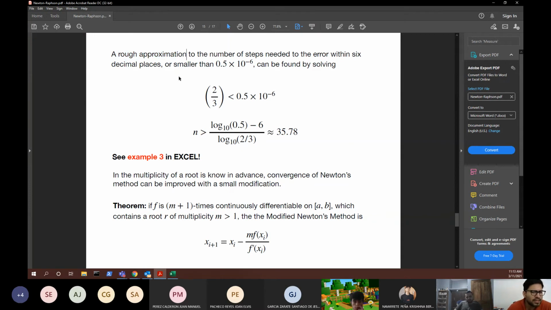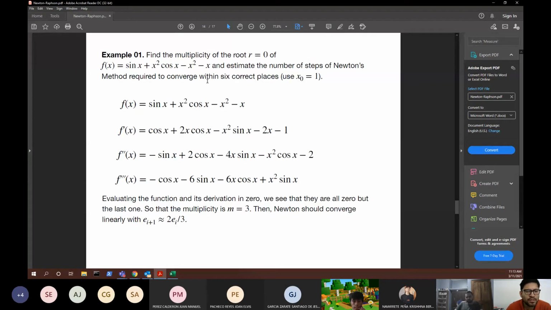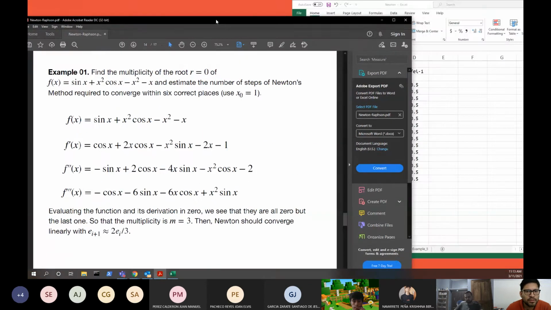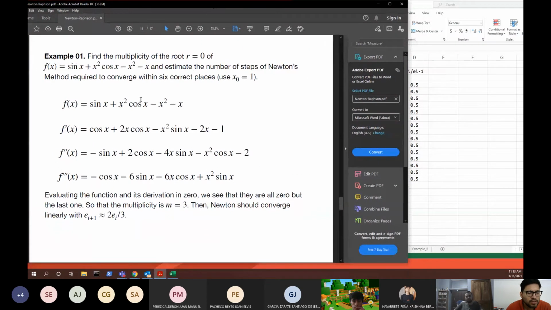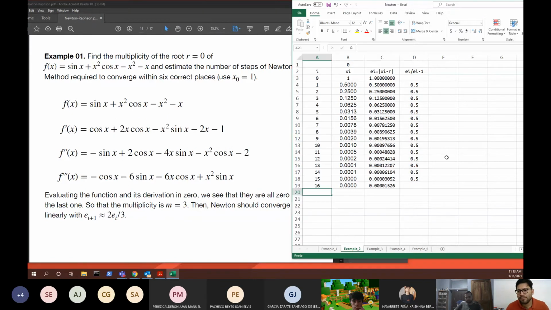But instead of that, let's do it using Excel. I think Excel will show this more clearly, at least from my perspective. So let's go back to this function. We know this is the function, this is the derivative, and we already know Newton's formula.